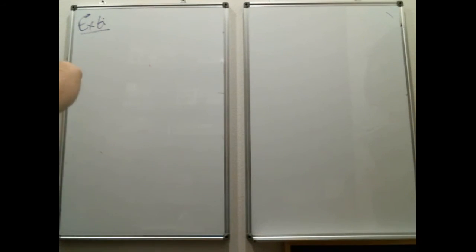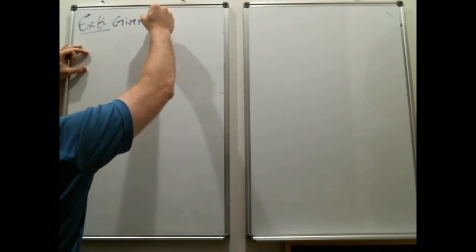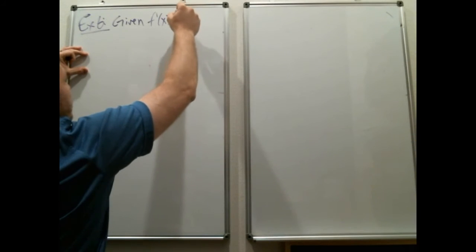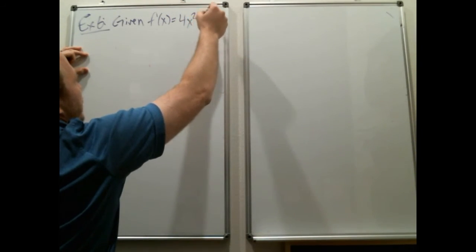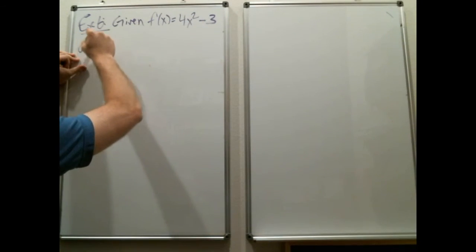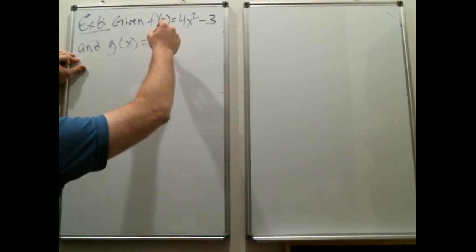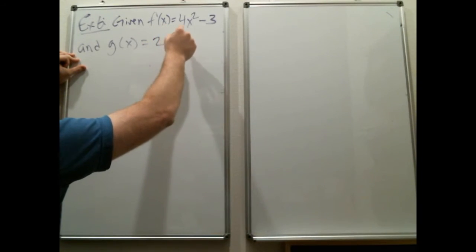So it will say something along the lines of, let's say, given f of x equals 4x squared minus 3 and g of x equals 2x plus 5.